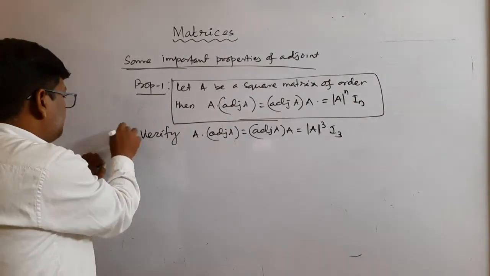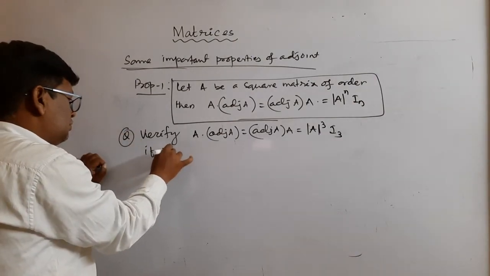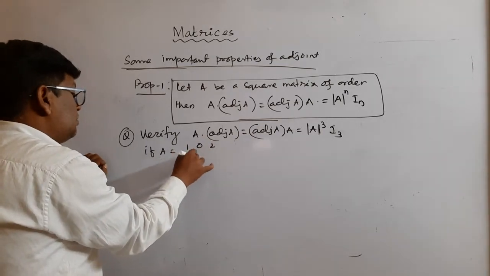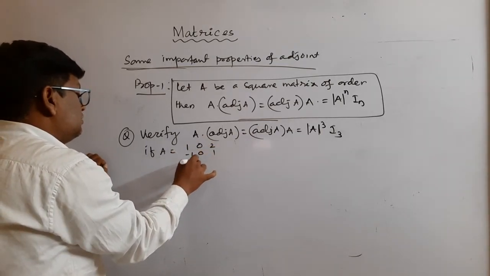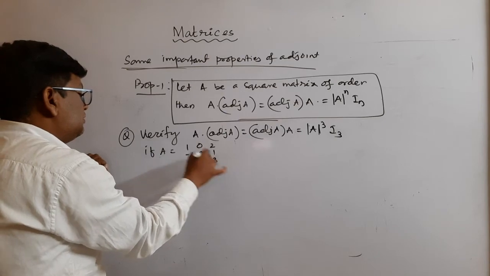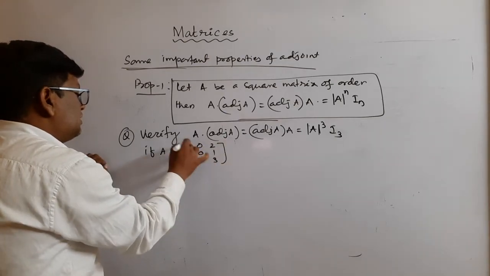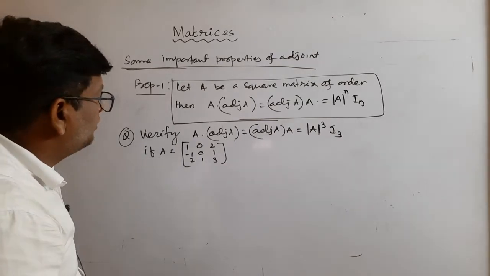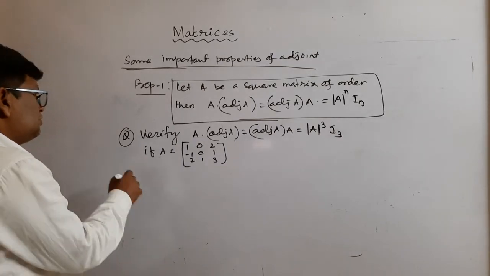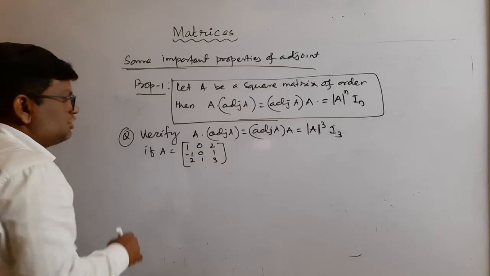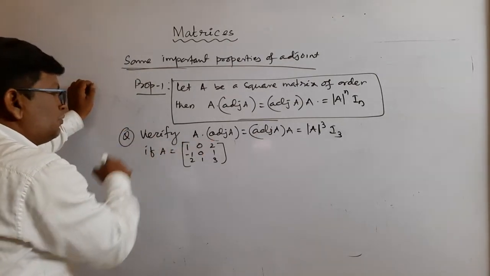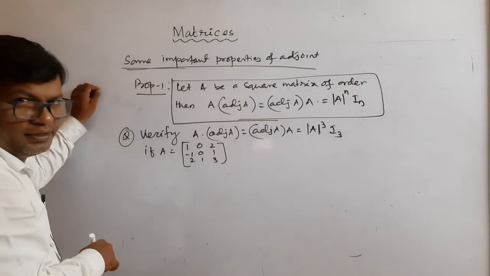This is the question. If A is equal to [1 0 2; -1 0 1; 2 1 3], this is the matrix. Now first find adjoint A. So first, find adjoint A and multiply with A. This is homework for you.